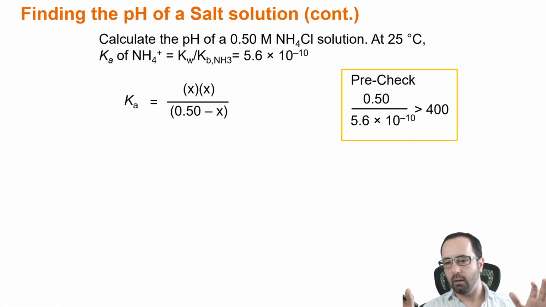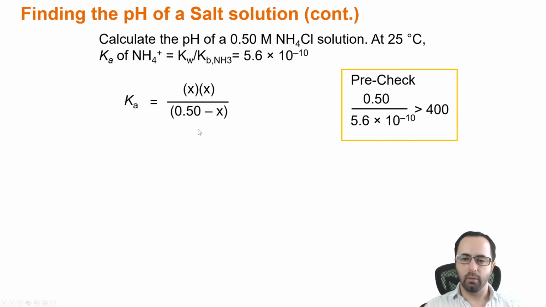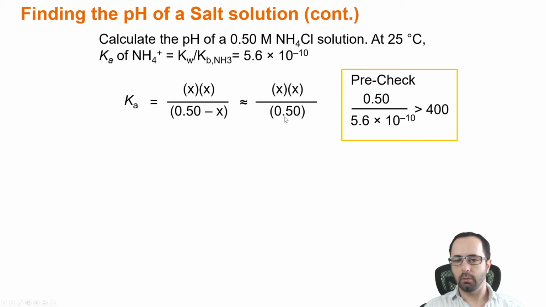We don't even need a calculator for this. It's like a billion. So we're very safe here on our pre-check. So we can assume that X is very small. So 0.5 minus X is going to be just 0.5. Because when we subtract X from 0.5, it basically doesn't make a difference in the 0.5.